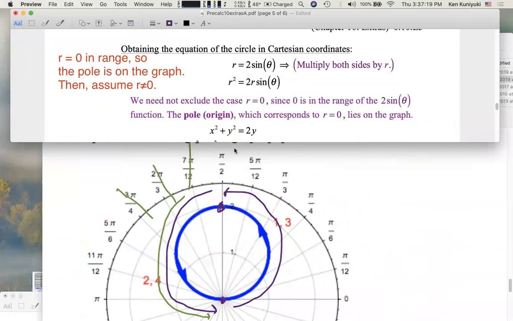I'll do this in red. So we have x squared plus y squared equals 2y.